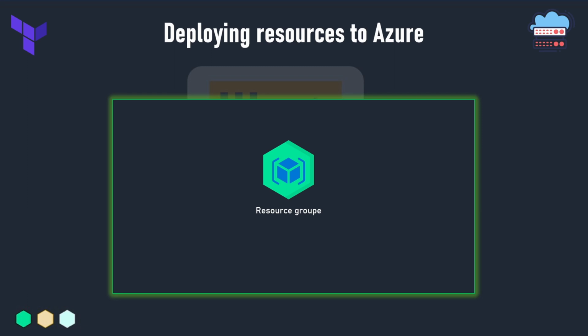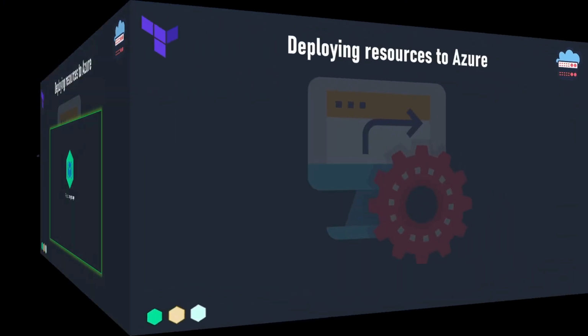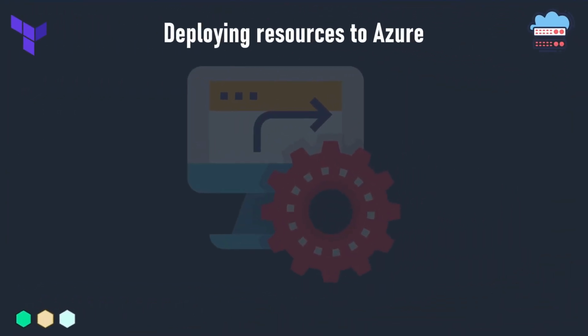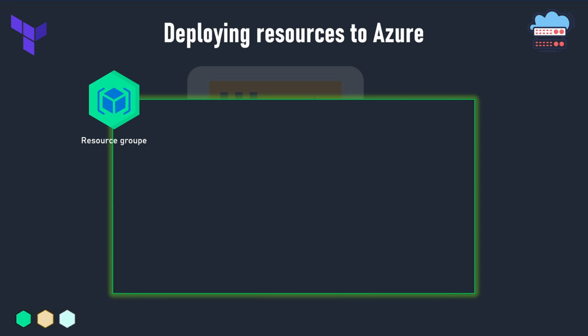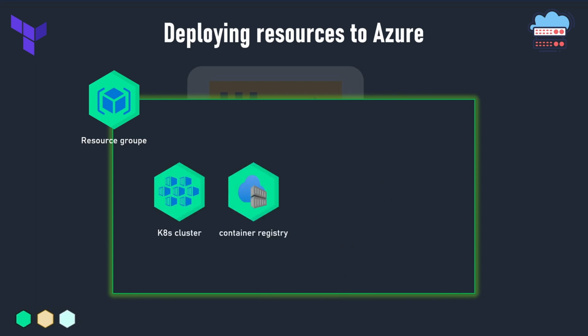A set of resources within a resource group are deployed, updated, and deleted together as a single management unit. So for provisioning a group of resources related to each other in Azure with Terraform, first of all, we need to create a resource group and then provision the remaining resources that should belong to the resource group that we have created. So that's an example of resource dependencies.